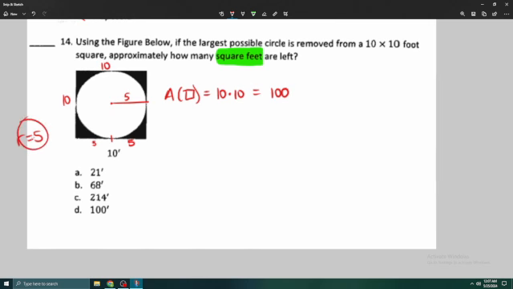This is all we need to find the area of the circle that's being cut out. That is the largest possible circle that can be inscribed within this square. So let's find the area of the circle. I know that the area of the circle is pi times r squared.